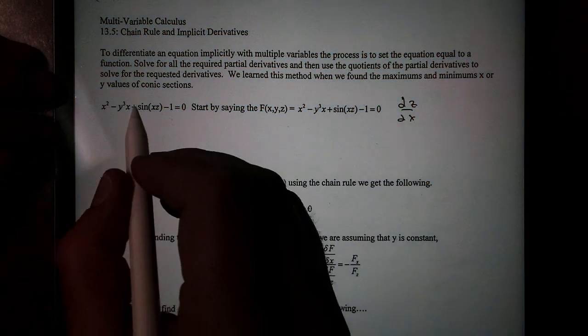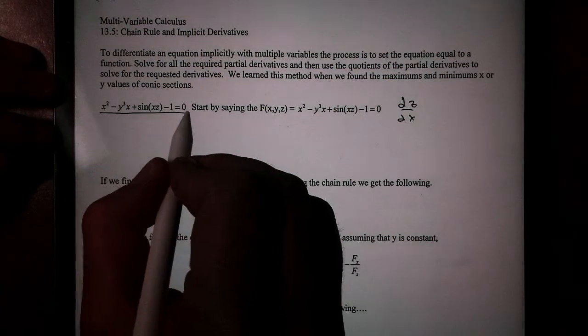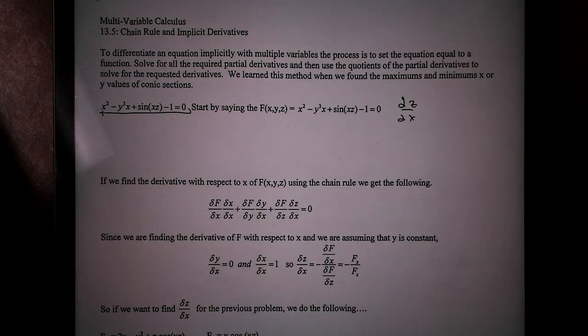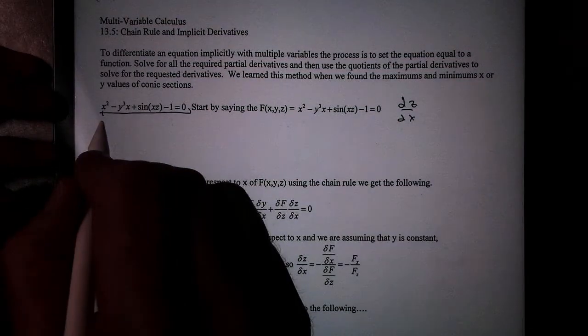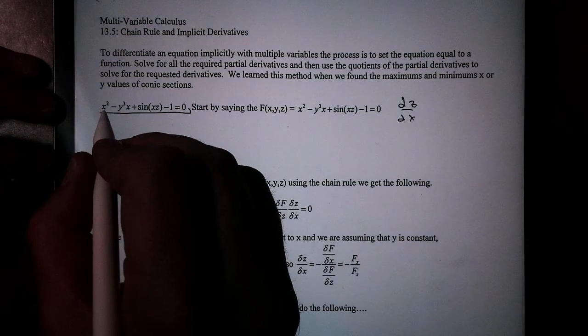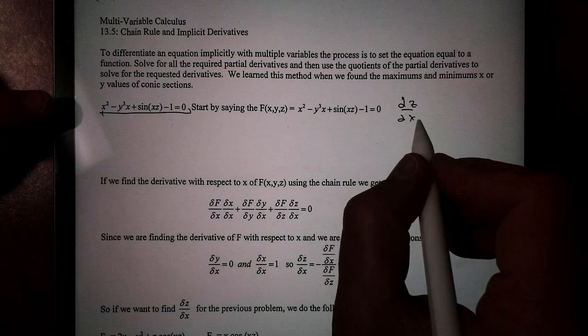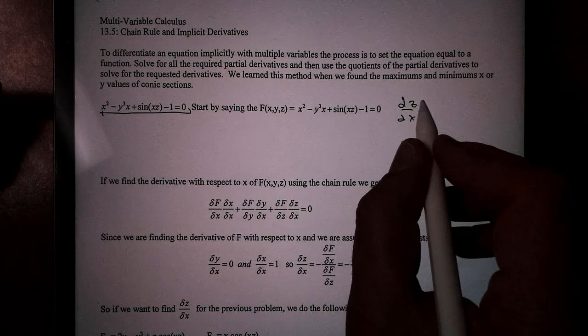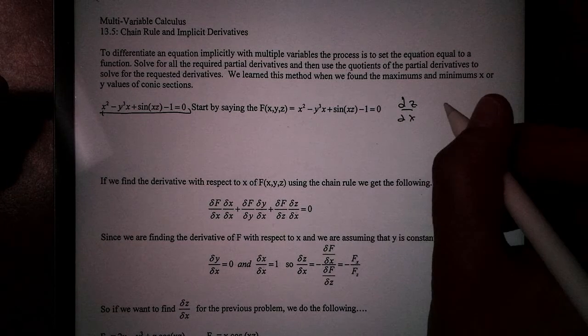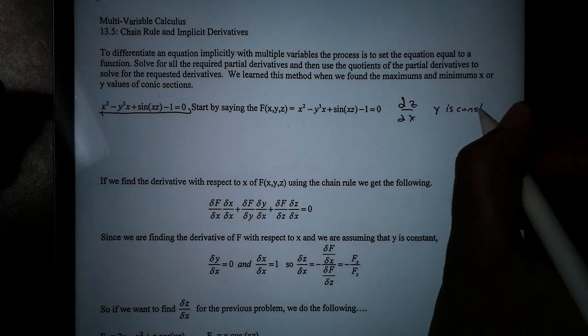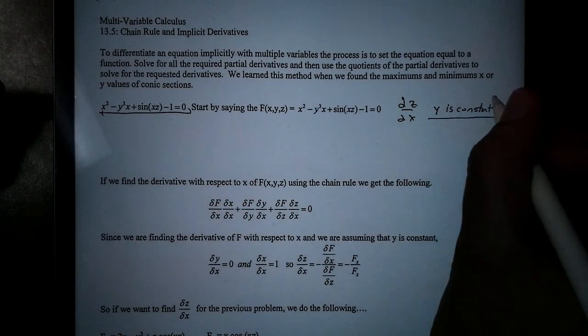So if I want to find the derivative, this is my implicit derivative. We're going to use implicits here. So let's take a look at x. If I'm taking the derivative with respect to x, remember only y, x, and z are my variables. We are saying y is constant, so anything with a y in it is going to become 0 when you take the derivative.